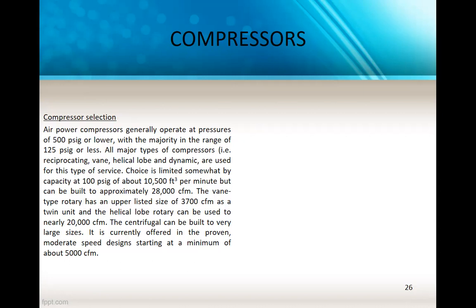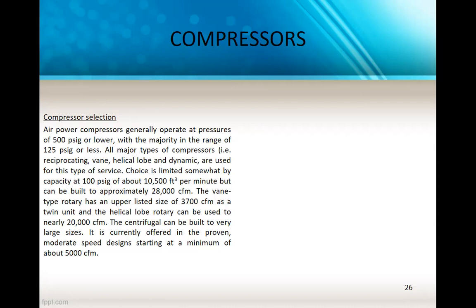At 100 psi gauge, which is 7 bar gauge, it is about 10,500 cubic feet per minute, but can be built to approximately 28,000 cfm. Again, 100 psi gauge is approximately 7 bar gauge. The bar you saw earlier is gauge.